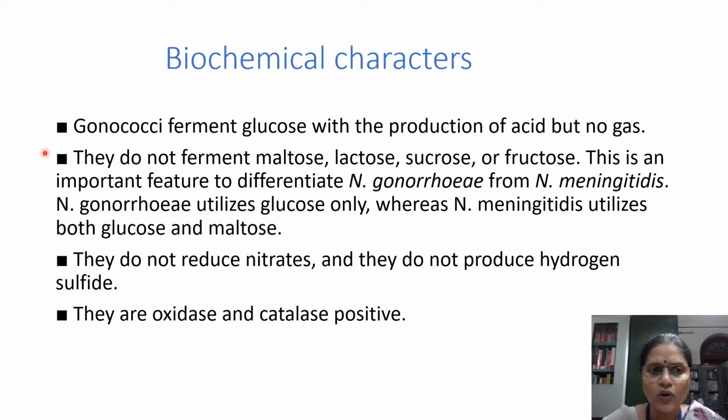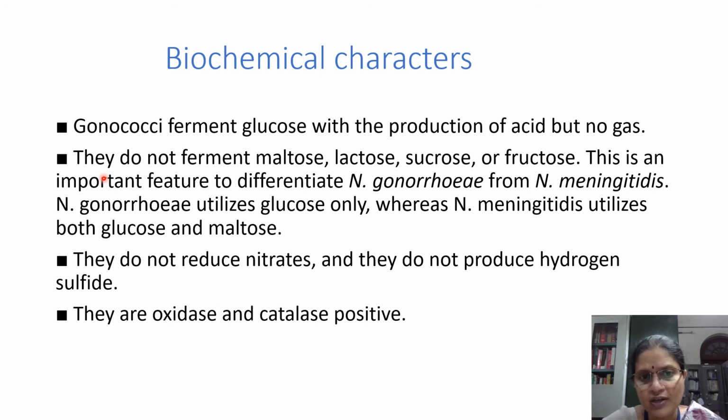Now gonococci, the character of Neisseria gonorrhoeae, is that it ferments glucose with the production of acid only. It does not form gas, but it produces acid. So there will be color change in the medium, but there will not be any gas collection in the Durham's tube. But apart from glucose, it does not ferment any other sugar. That is, it will not ferment maltose, lactose, sucrose or fructose.